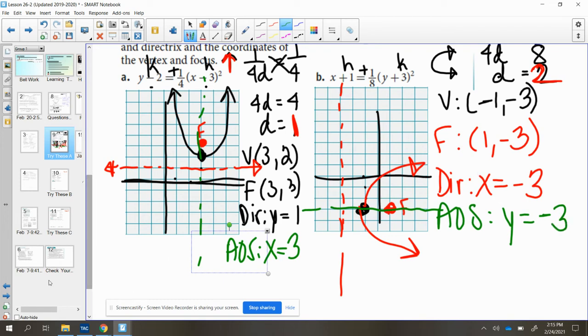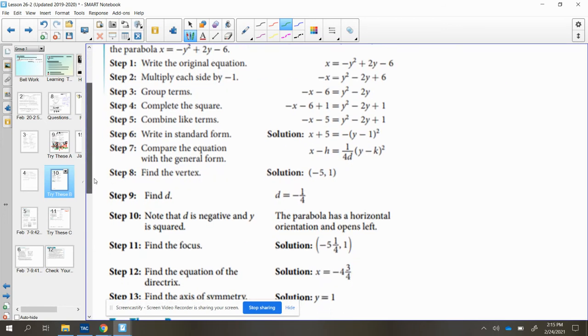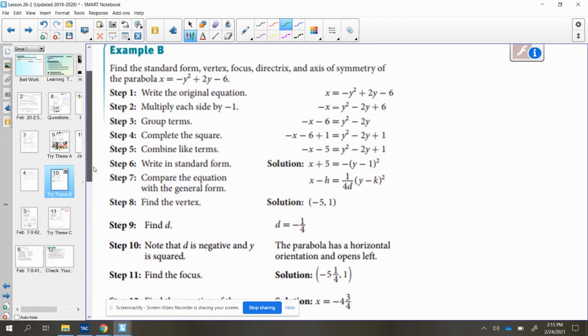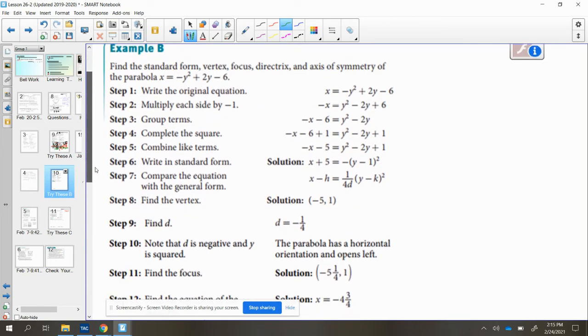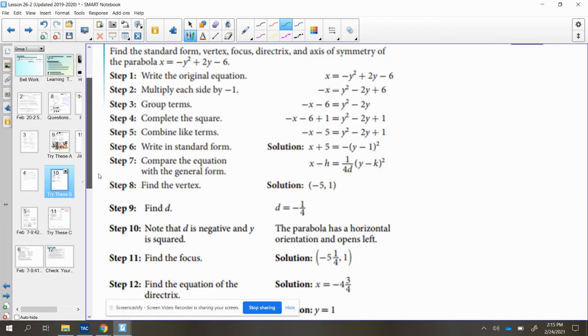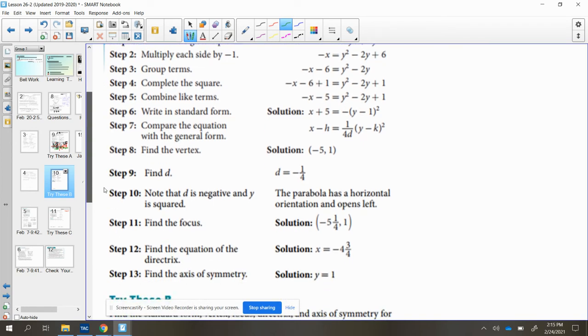Okay, so again, axis of symmetry is where we would fold over our parabola potentially to get the two sides equal to each other. Now, sometimes you are not going to get your answer necessarily in standard form, and that's where example B comes into play, where we are going to want to be able to use completing the square in order to rearrange this so that this is in our standard form, okay?